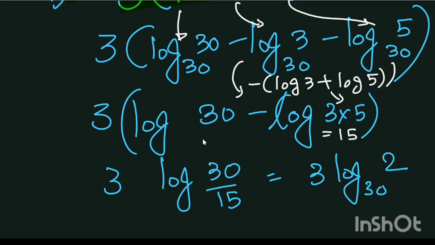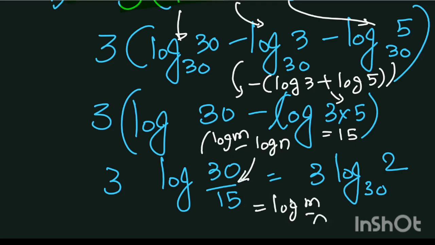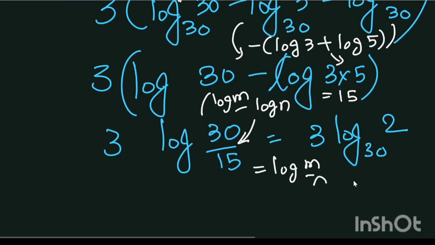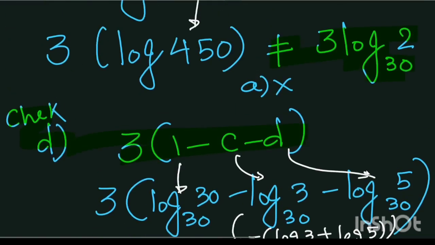Now log m minus log n we will use, which is what, guys? Which is log m by n. So log m by n, which is 30 by 15, which is 3 log 2 base 30, and which is equal to what is given in the question. Okay, it is the same. So this option D we checked and it came out to be correct.